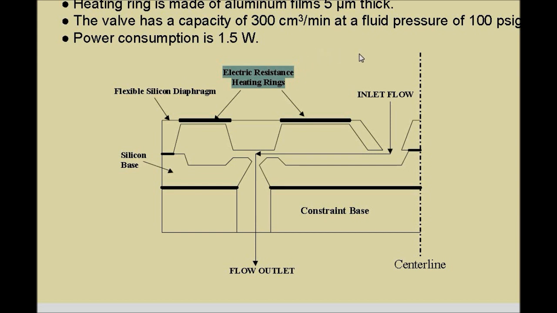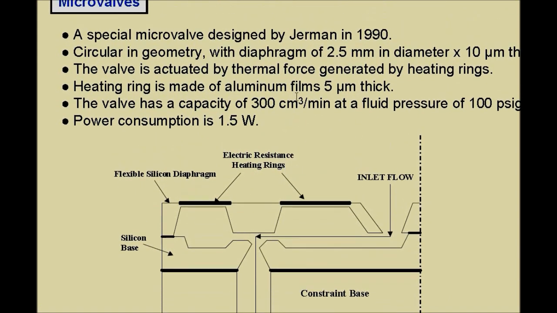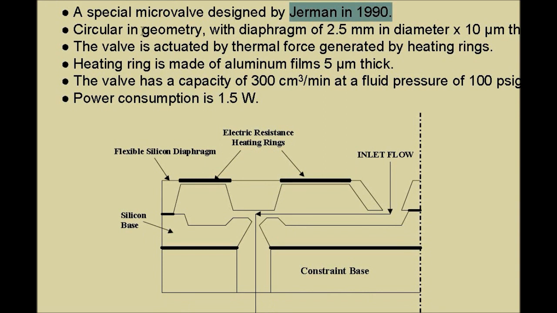Now look at the design part of this diaphragm, which was taken from some earlier research work, and you have the geometry of this one. You have a diaphragm of 2.5 mm in diameter. As I told you, this is the silicon diaphragm, which starts from here and ends at this point.